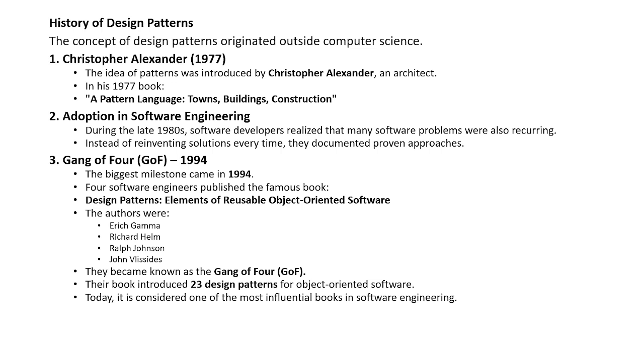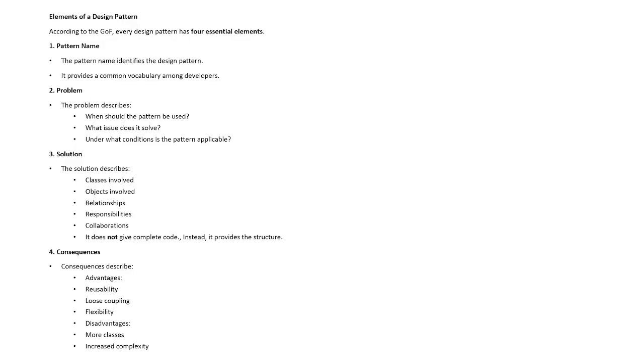They published a book for these design patterns. In it, the design patterns are divided into three types. First of all, let's see the elements of a design pattern. There are mainly four essential elements.